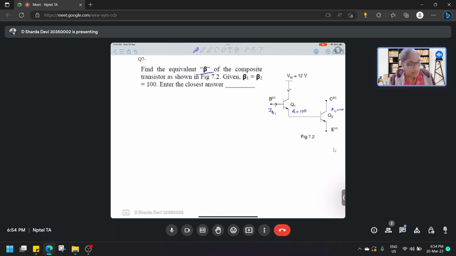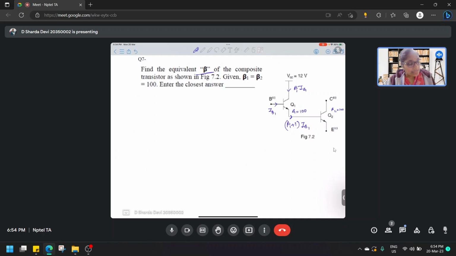And here we have IC. IC will be beta 1 into IB1, right? And what about IE? For this Q1, it will be beta 1 plus 1 into IB1, right?